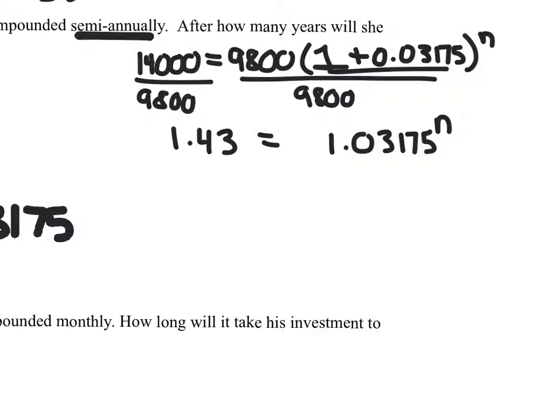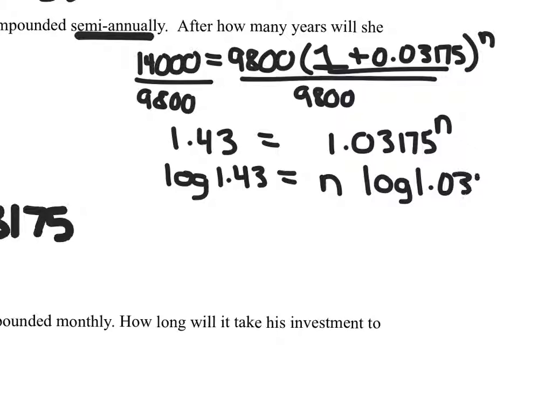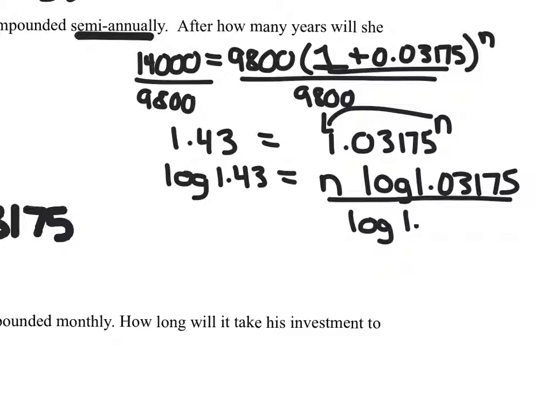Now, if you recall, this is why the exponent unit is so important, because log can bring down any exponent. So we would go log 1.43 equals n log 1.03175. So it brought down that exponent for us. Now to solve for n, all we do is we move log 1.03175 to the other side by dividing.